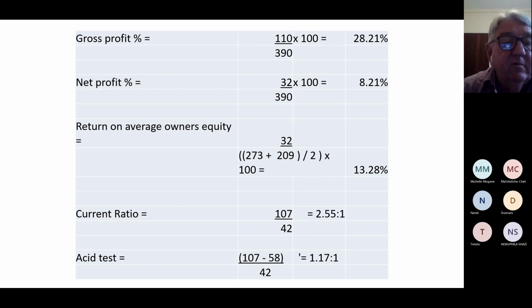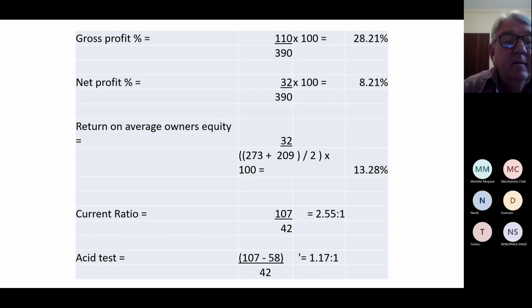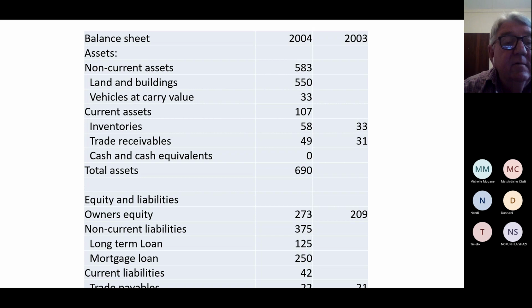So if we go to this ratio, average trade receivables collection period, the formula that we use is our average trade receivables divided by credit sales. We will go to trade receivables, the average is 49 plus 31.